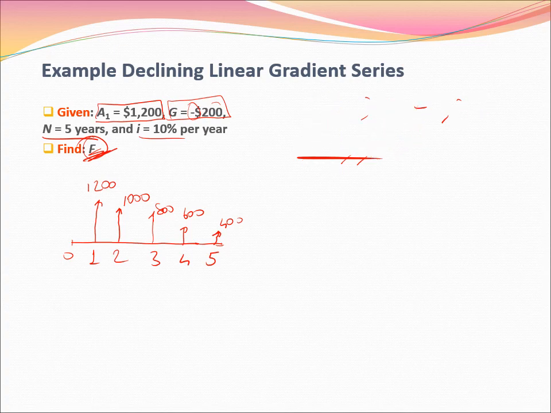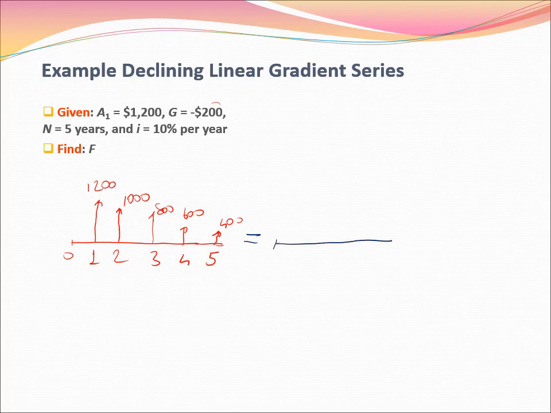Okay, so for this example, first we need to convert this cash flow into one which is an increasing gradient series, and then somehow we need to find the future cash flow. Let's do it. How can we convert this to two cash flows for which we know the formula or the factor? As I explained before, the first cash flow will be a uniform payment series which will include this original one in all periods.